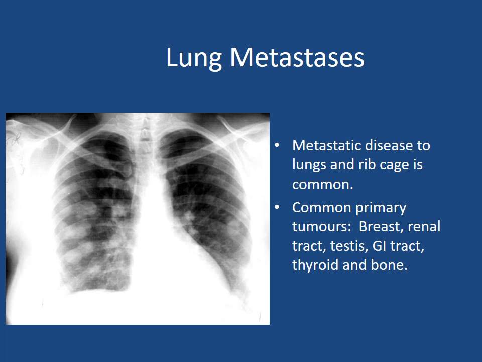When you look at an image that shows these secondary deposits or lung metastases, you often get multiple dense opacities within the chest. So there's one here, there's multiple deposits throughout the chest.